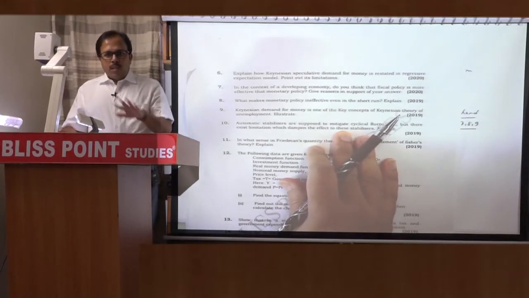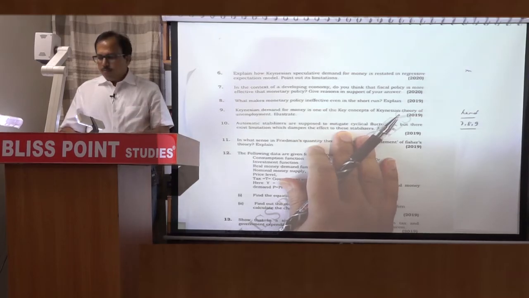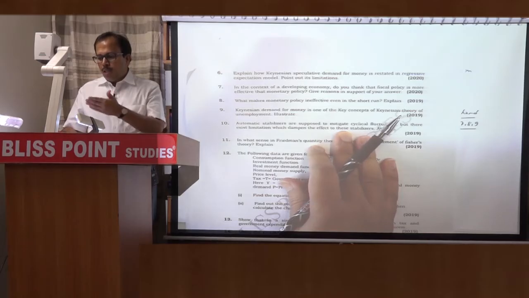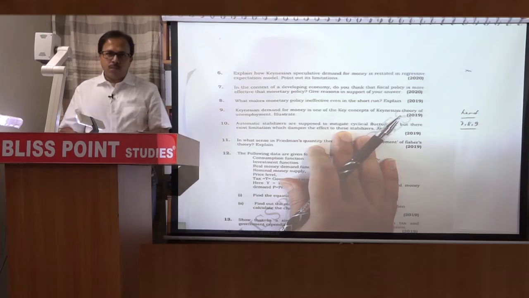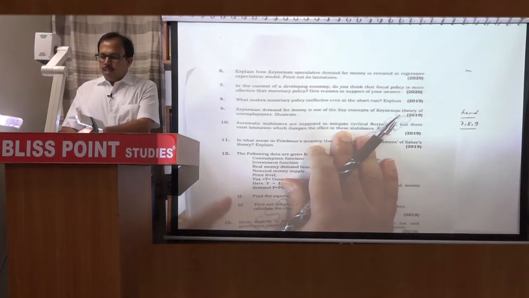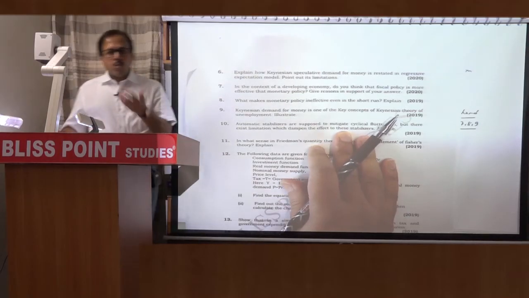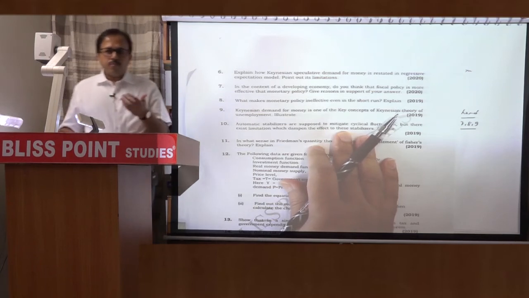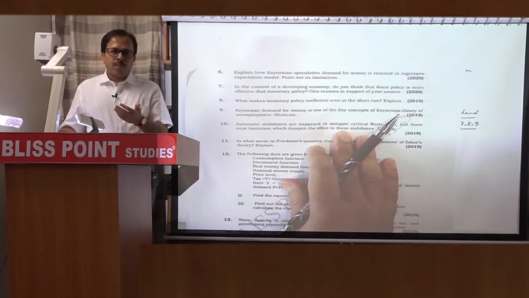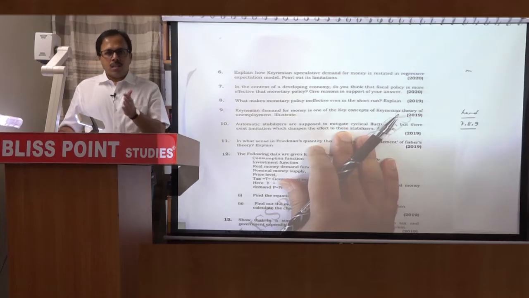You know that speculative demand for money concept. You can write it from the front also. But here the question was to explain how Keynesian speculative demand for money is restated in the regressive expectation model. So the requirement of the question is that you must know the regressive expectation model. This regressive expectation model is the first topic when you read the demand for money chapter in Branson. It discusses other models as well, but the first topic is the regressive expectation model.